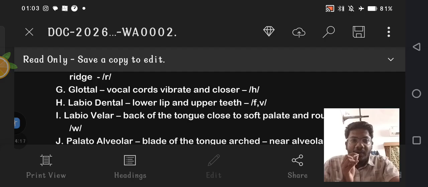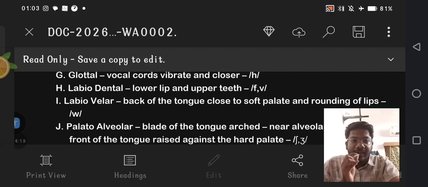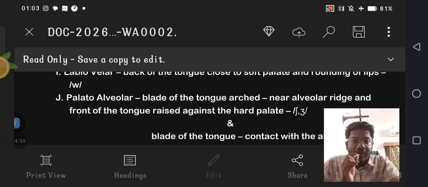Then labiovelar consonants. Labiovelar consonants are produced when the back of the tongue comes closer to the soft palate and there is rounding of lips. The lips get rounded, as well as the back of the tongue comes in close contact with the soft palate. Palatoalveolar consonants. Palatoalveolar consonants are produced when the blade of the tongue is arched.